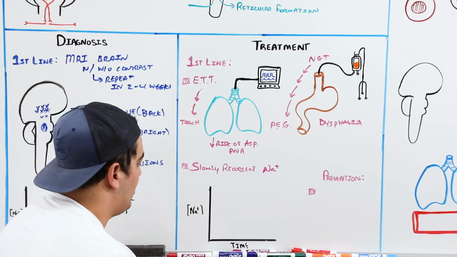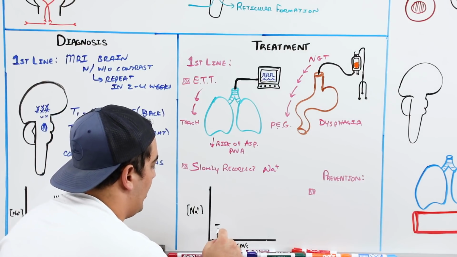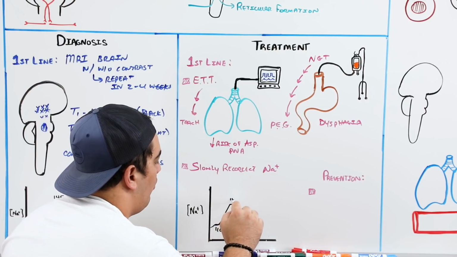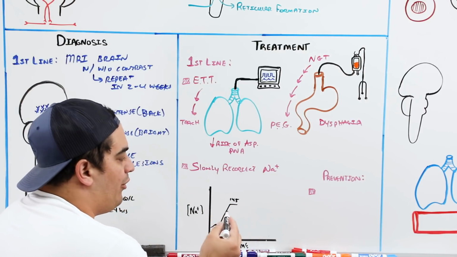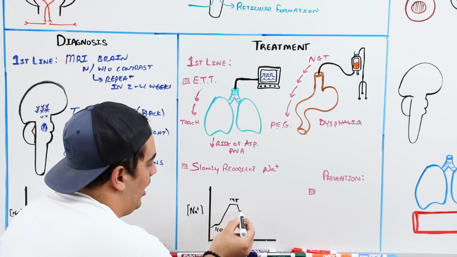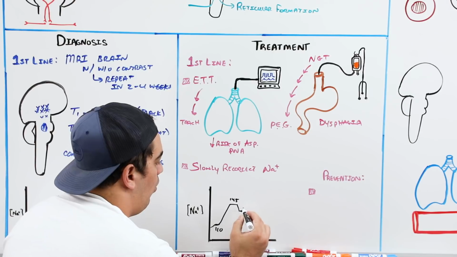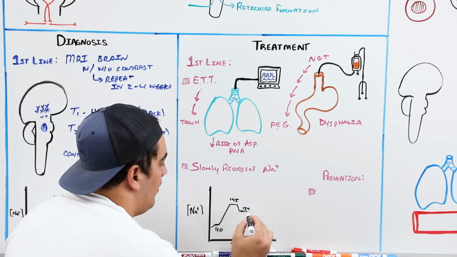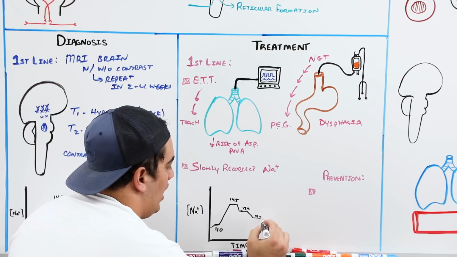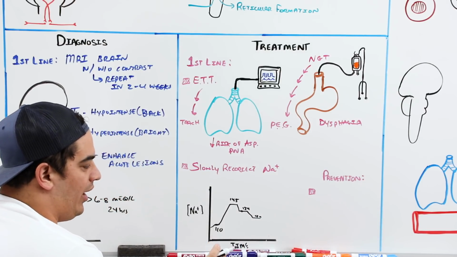If we had a person who had a sodium at 110, okay, so that was their initial sodium, and they went all the way up to 145. Generally, the goal is to bring the sodium down nice and slowly, right? Maybe you bring it down to 134, and then maybe you'll bring it down to 120. And that's kind of the goal there.